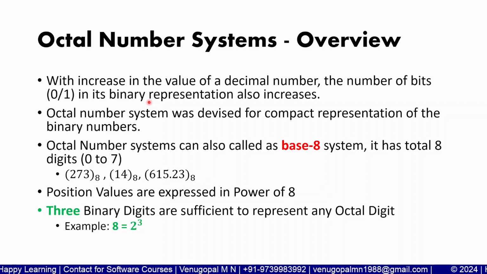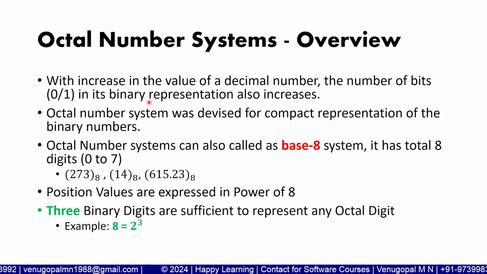So how can we minimize that? In that process, multiple other number systems evolved. Those are called the octal number system, and also one more famous, widely used number system called the hexadecimal number system. As part of this episode, let us focus on the octal number system. In a subsequent video, we will see the hexadecimal number system.